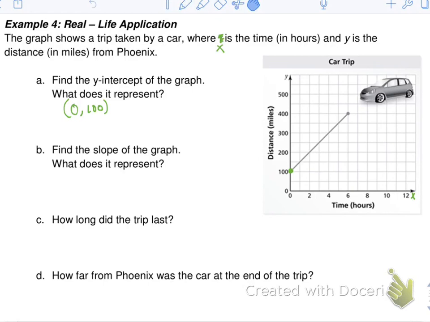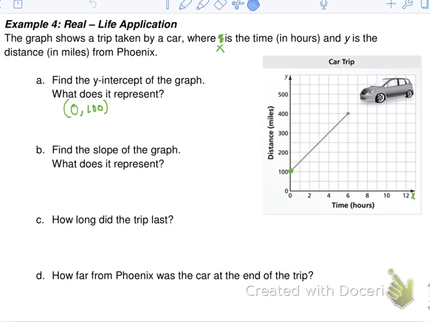Okay, let's read the problem again. The graph shows a trip taken by a car where x is the time in hours, so it's like 2 hours, 4 hours, 6 hours, 8 hours. And y is the distance from Phoenix. So like Phoenix, Arizona, and then I am this many miles away. So 0 and 100.